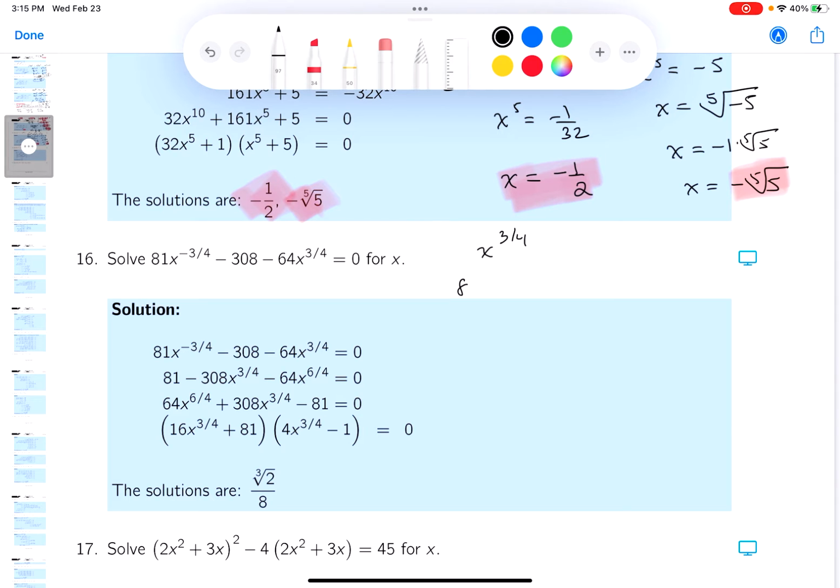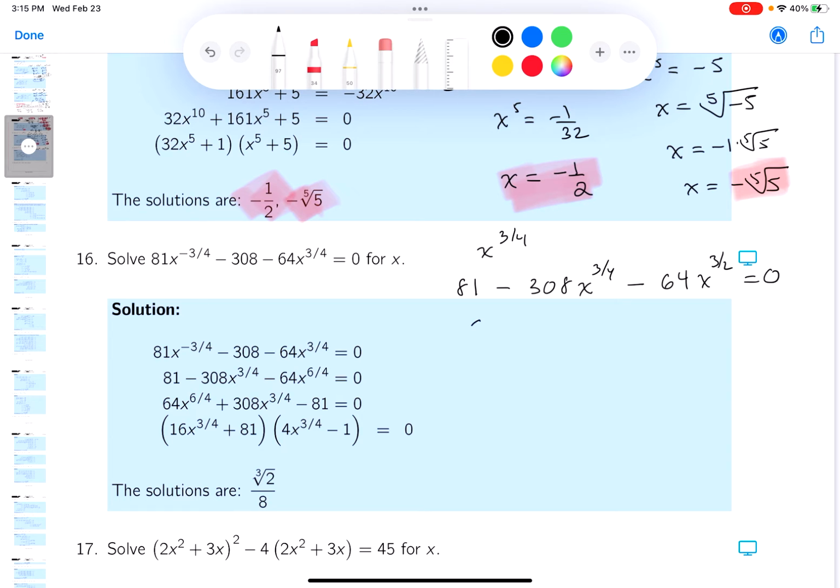You would get 81, and then that would give you x to the 0, minus 308 x to the 3/4, and then you would get minus 64, and 3/4 plus 3/4 is 6/4, so 3/2. That equals 0.